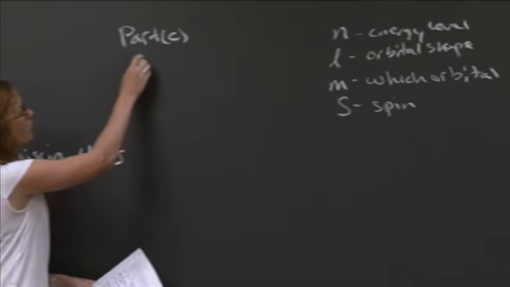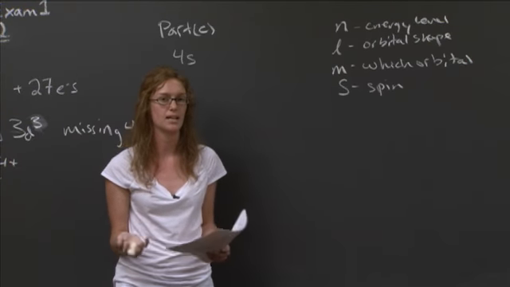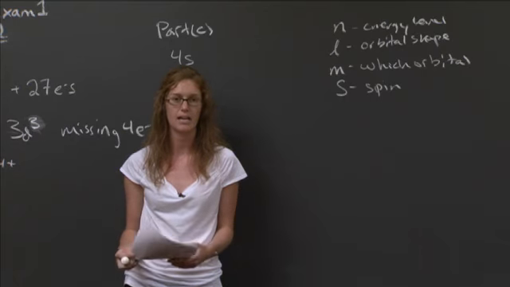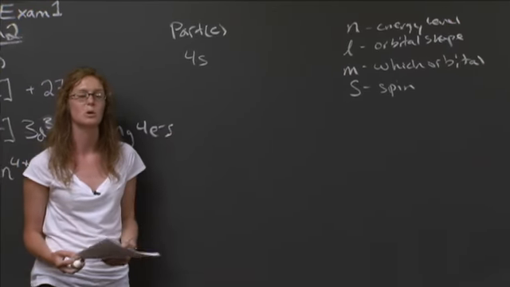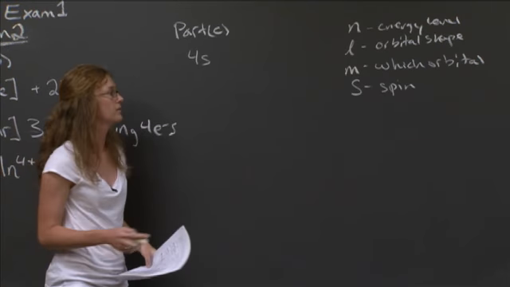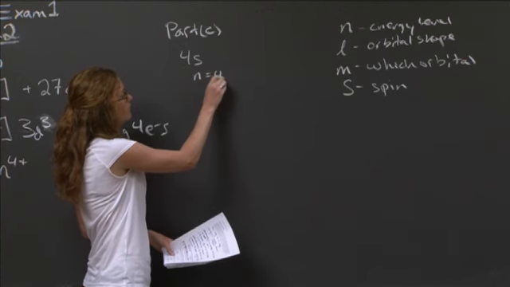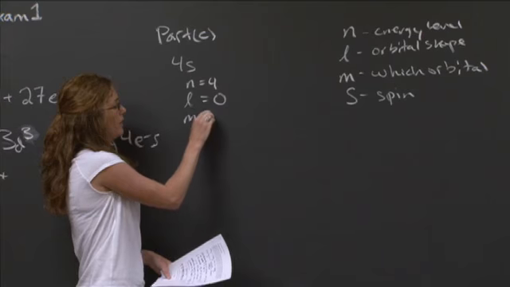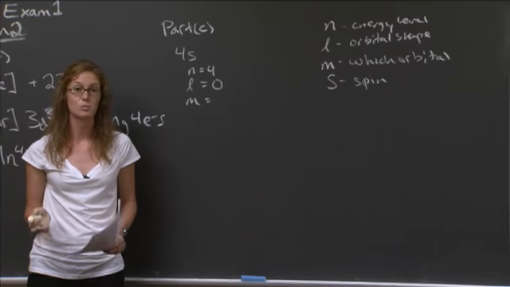Right? So for a 4s electron, it doesn't actually matter what the identity of our species is. So that he tells us it's iron is kind of extra information. A 4s electron already has 3 of its quantum numbers set. So we know that n equals 4. For s, l equals 0. And m, which orbital? s only has 1 orbital.